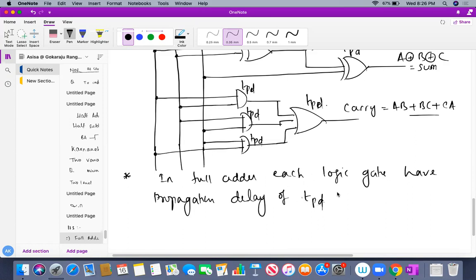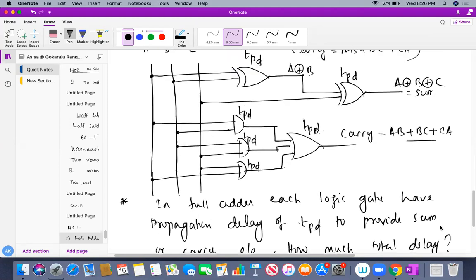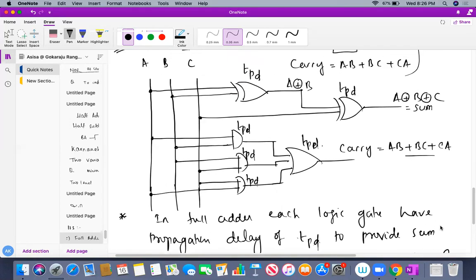Each logic gate has a propagation delay of TPD. To provide the sum or carry output, how much total delay? Very simple.